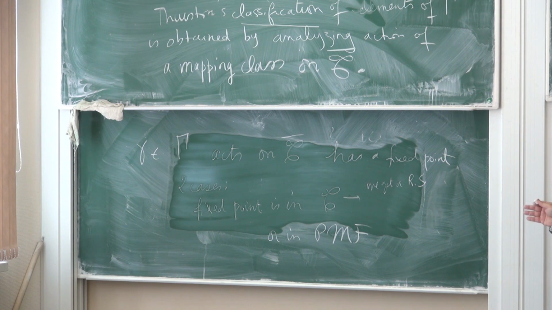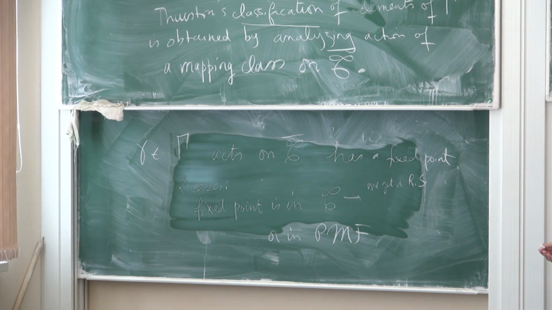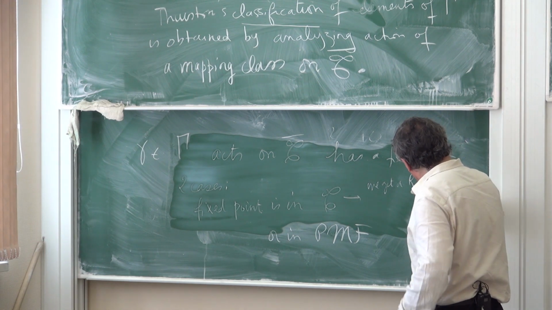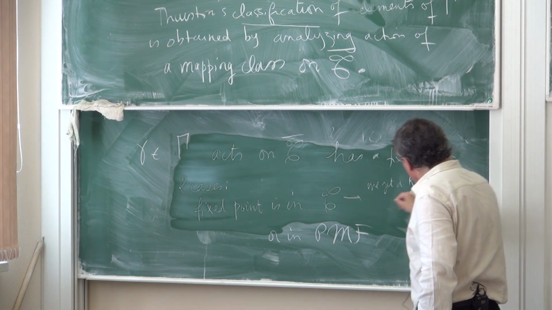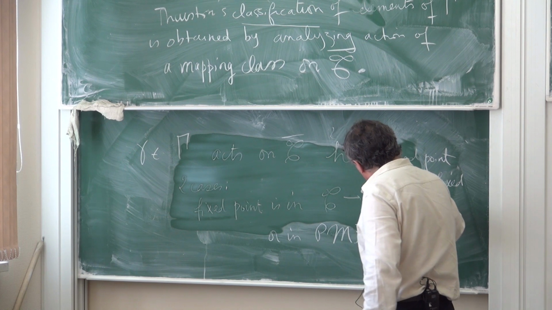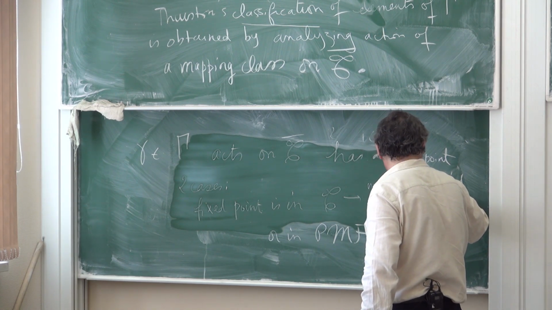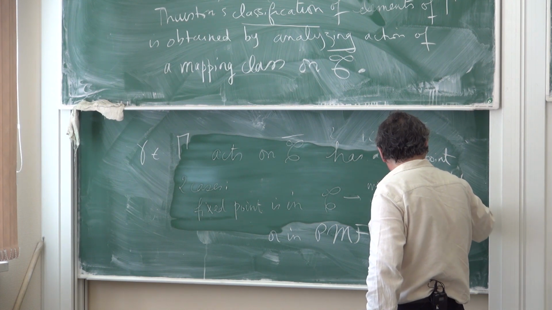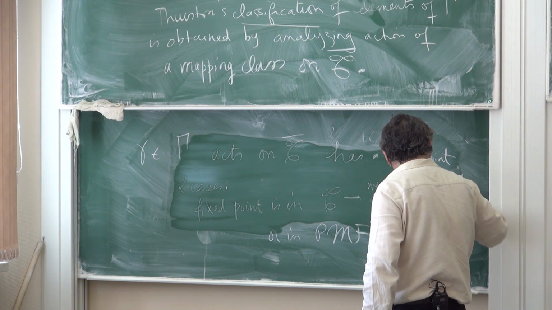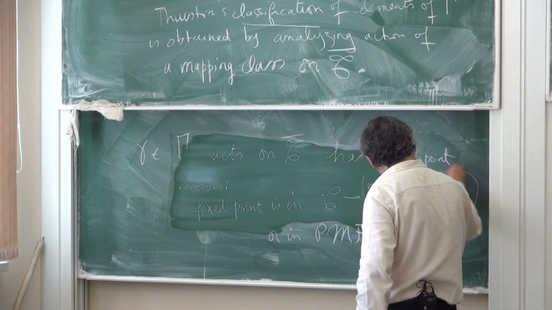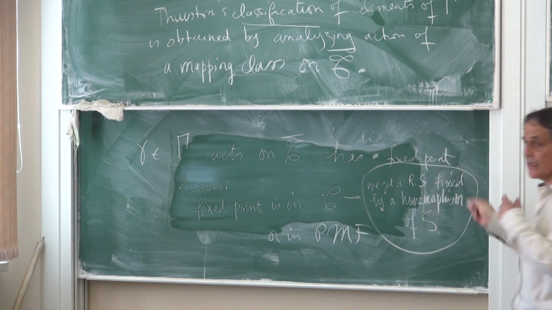So we get a Riemann surface fixed by a homeomorphism of the surface. In fact, you don't get this immediately because everything is up to homotopy.